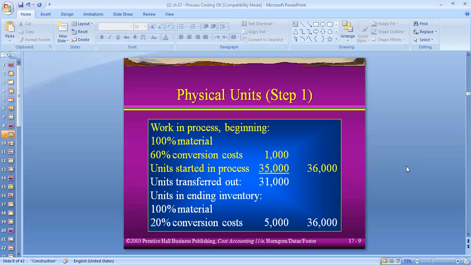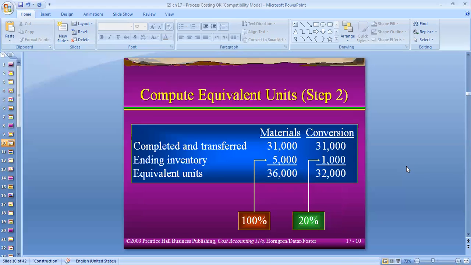And there is new cost of this period, either for material and conversion cost. I have to add the material of work in process and the material of the period, and add conversion cost of work in process and conversion cost of the new period together to get the average cost per unit, like this.